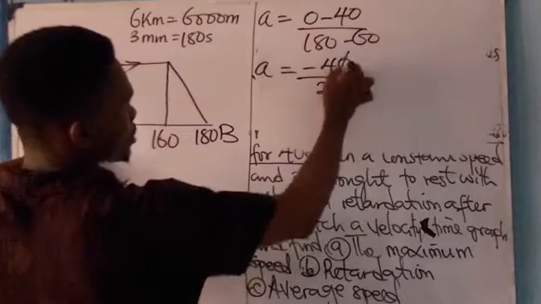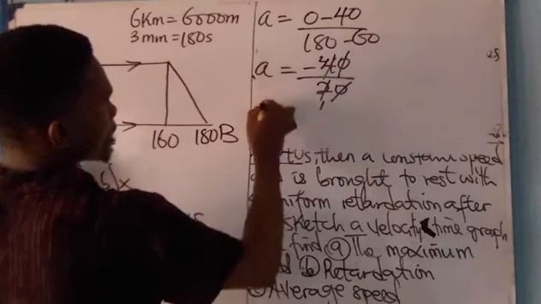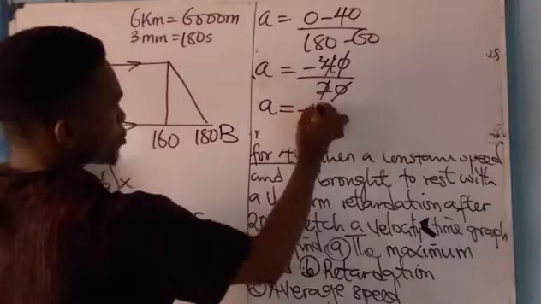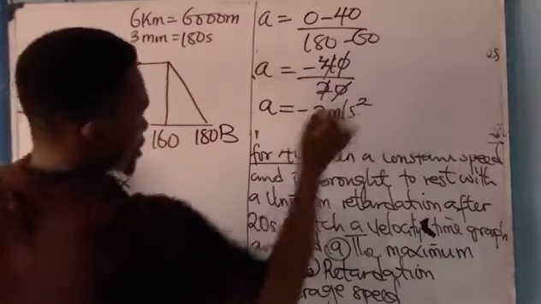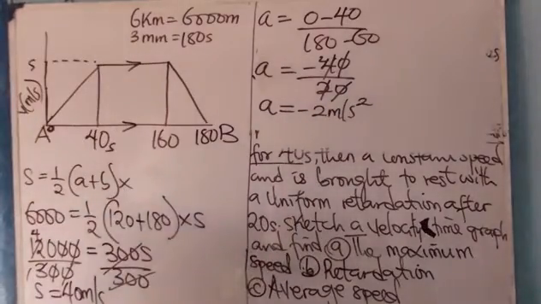This will go into this, so the retardation is equal to minus 2 meters per second squared.